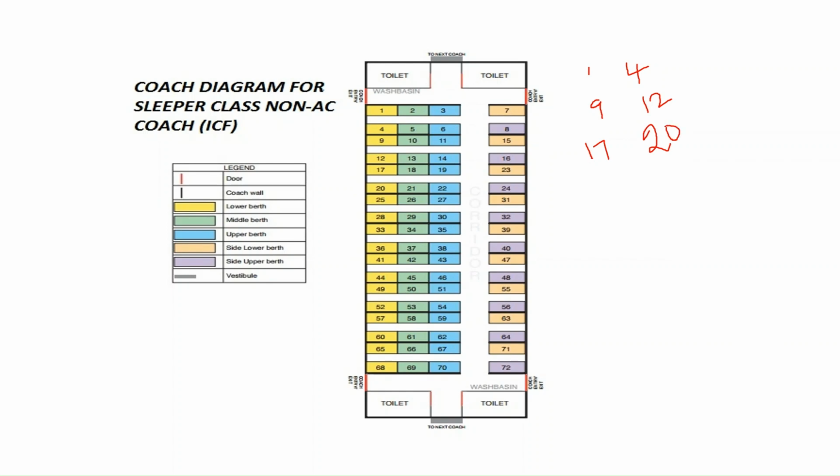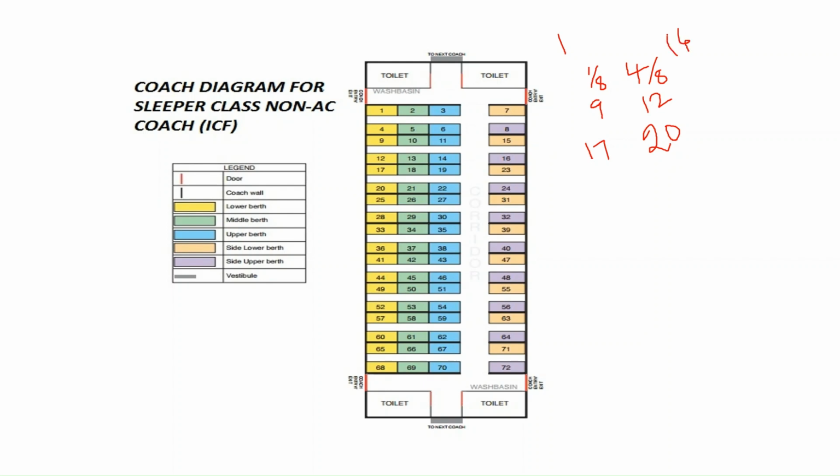The logic behind this is that in each and every compartment we have a total of 8 seats. So we are going to divide the given seat number by 8. 1 divided by 8 yields a remainder of 1. 4 divided by 8 yields a remainder of 4. So this is the logic.